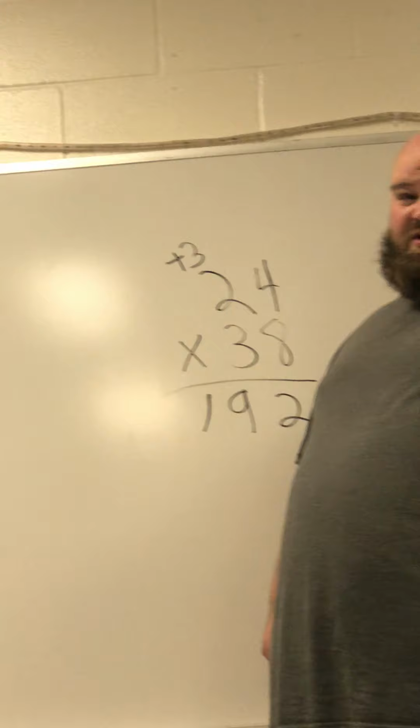Ultimately, that is what you have to know. As math gets more complicated, standard algorithm is the most efficient way to solve. You're not going to be able to break big numbers down in box method. So we're going to practice our standard algorithm.